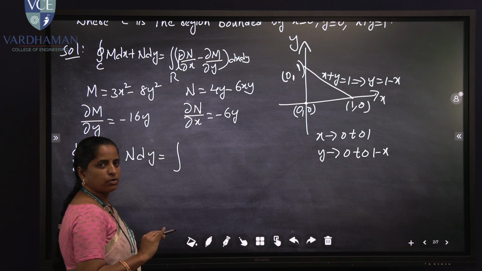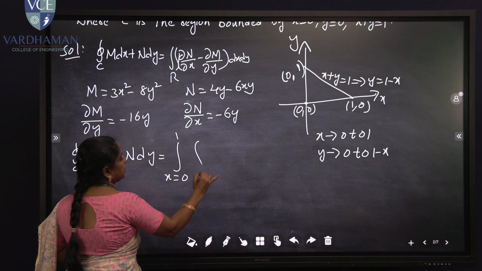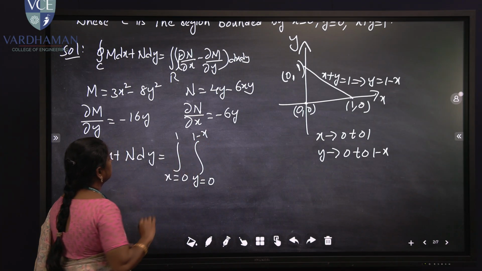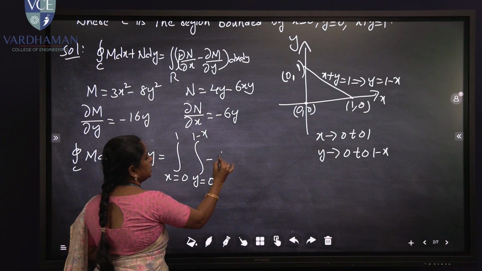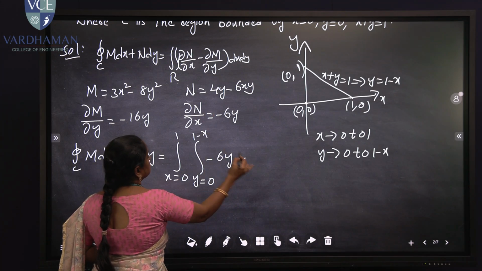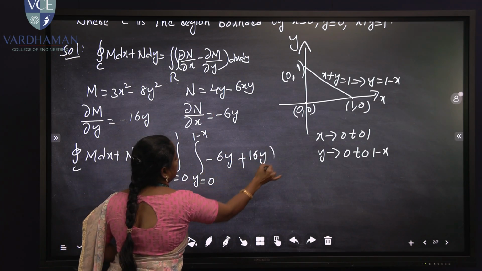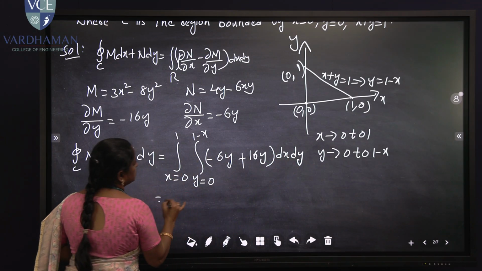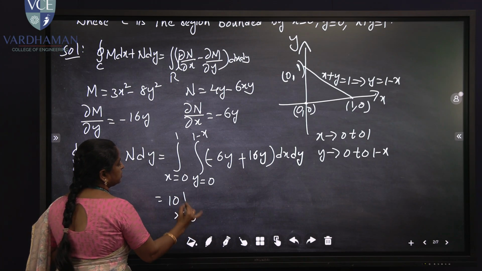Next, dou N by dou x is minus 6y, minus dou M by dou y is minus 16y. So minus into minus is plus, dx dy. So we get here 10, you can write outside, x equal to 0 to 1.